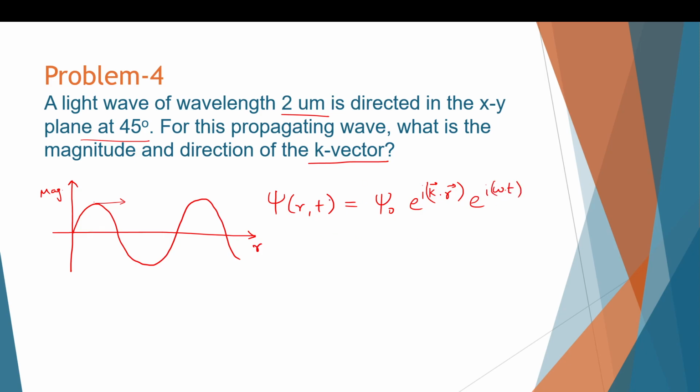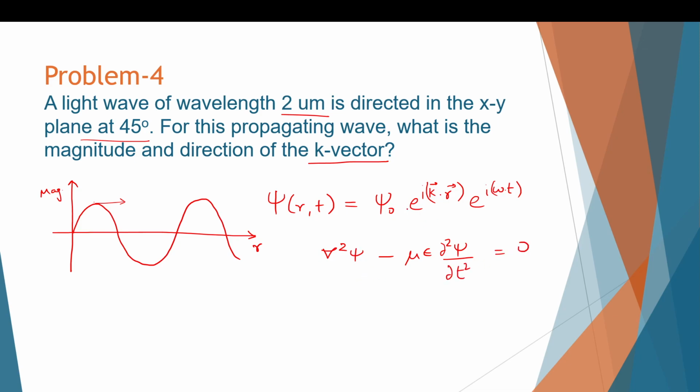So you can verify that this is actually a solution of the wave equation by simply putting it in the wave equation. The wave equation is del square psi minus mu epsilon dou square psi by dou t square equal to 0.